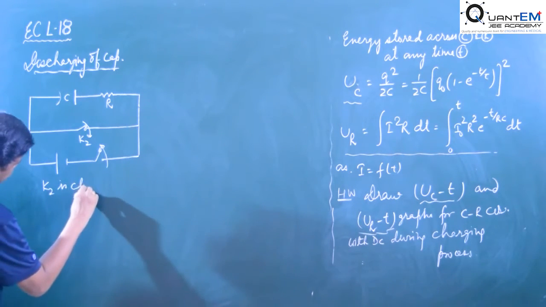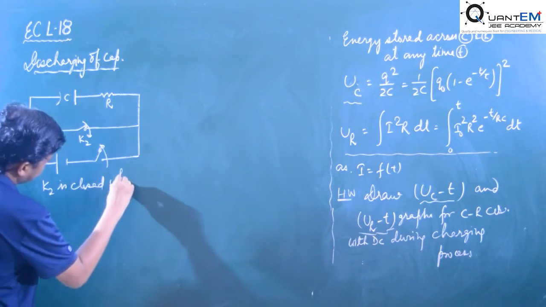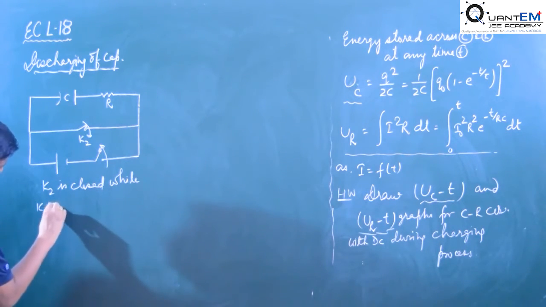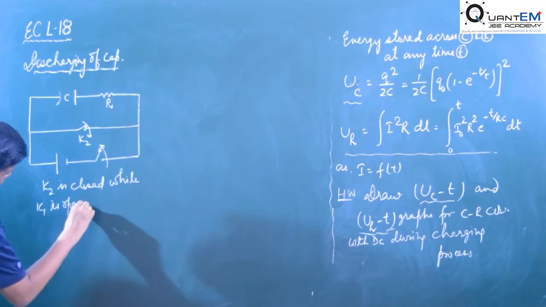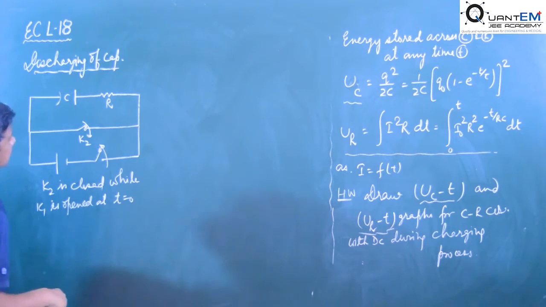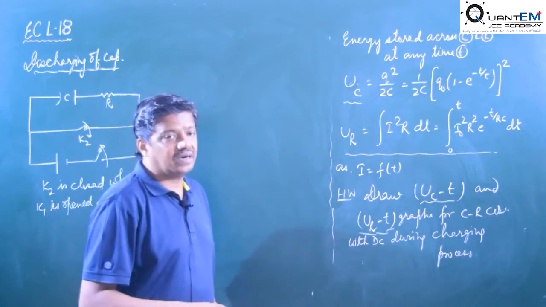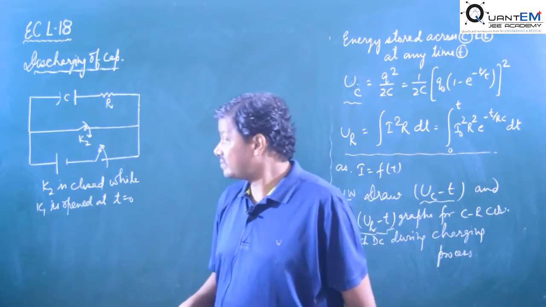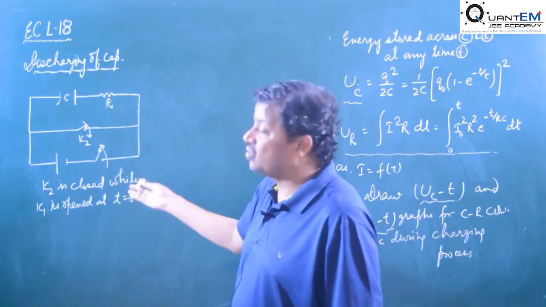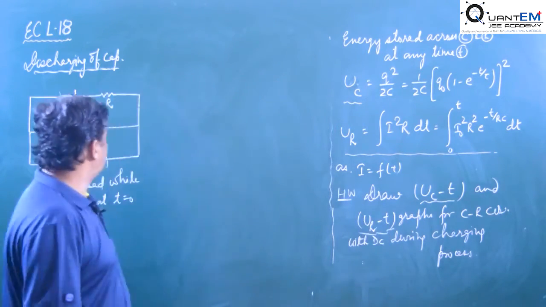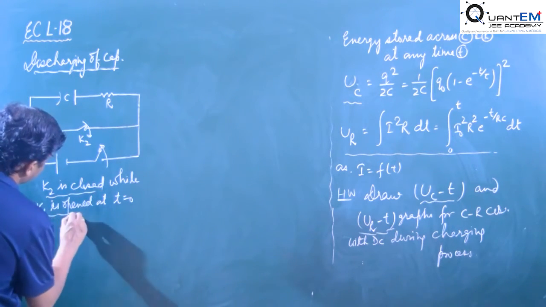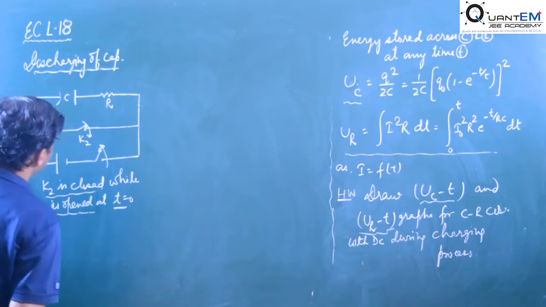K2 is closed at time t equal to 0. We may use a two-way key in the circuit. Two-way key means if one is closed, the other automatically gets opened. So K2 is closed and K1 is open at time t equal to 0.